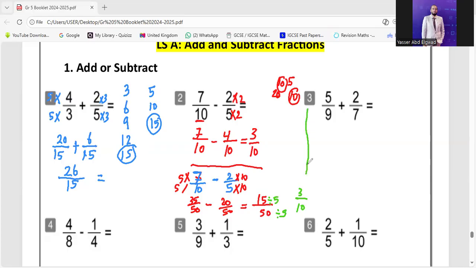The third one. Yes, here is the third one. Here is 7 and 9.